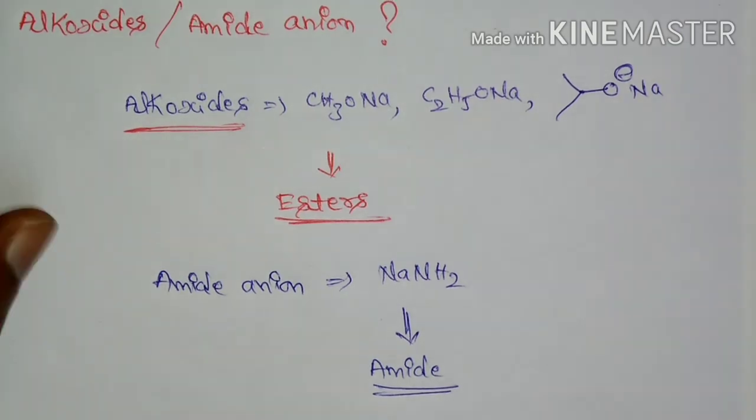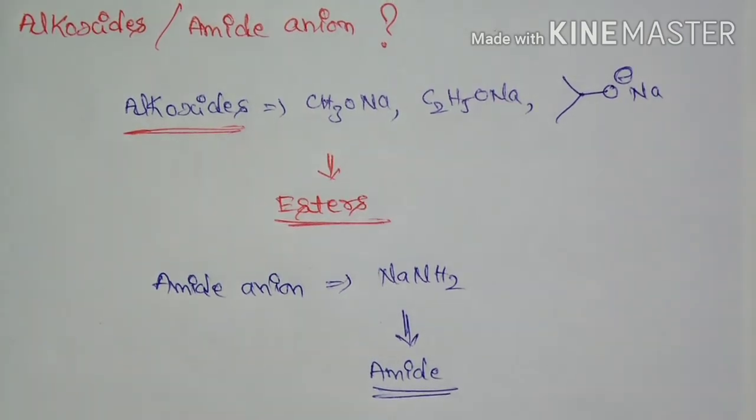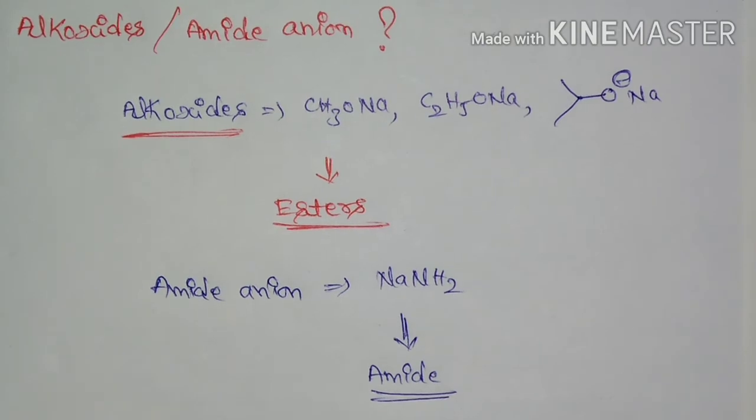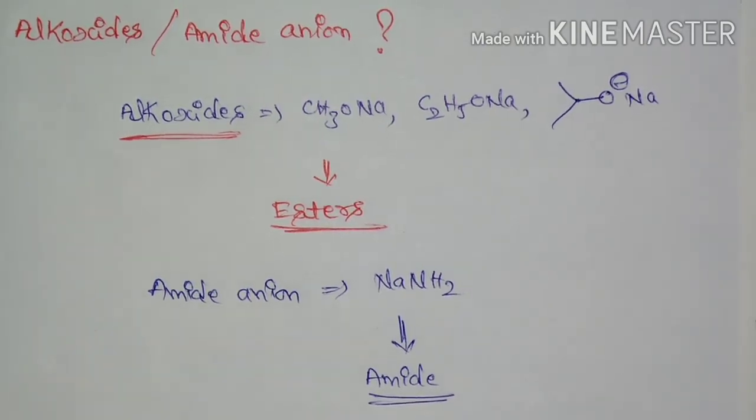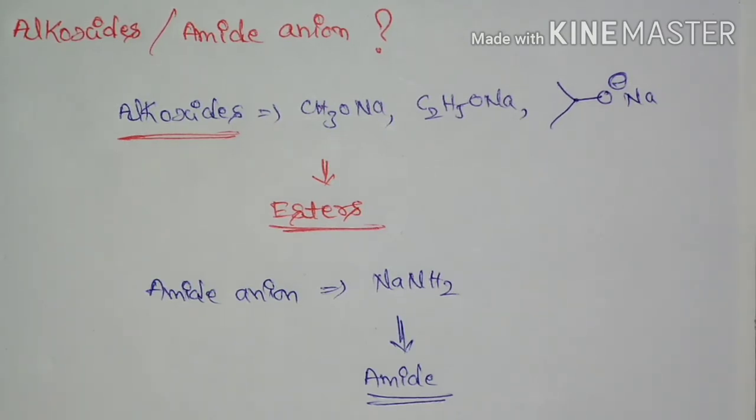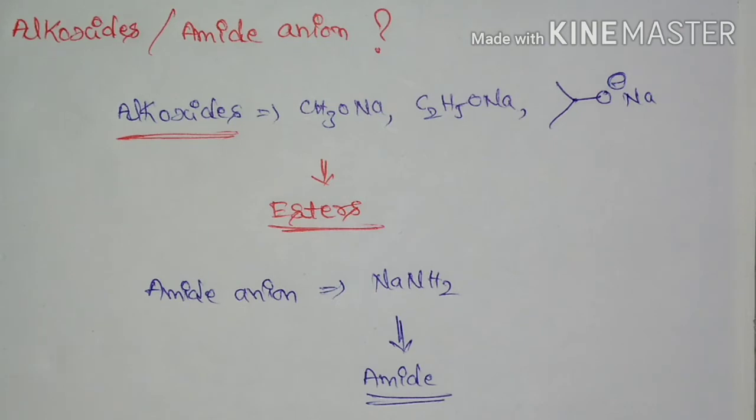So you should remember that in benzylic acid rearrangement, not only with hydroxide but with alkoxide and amide anion there is a possibility, and it leads to the formation of the corresponding ester and amide, not acid.